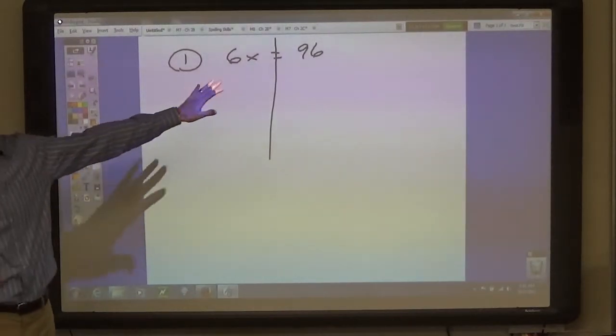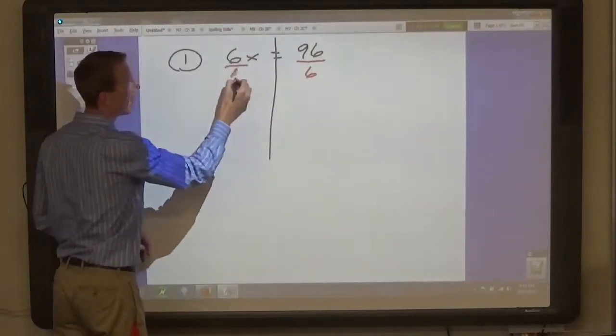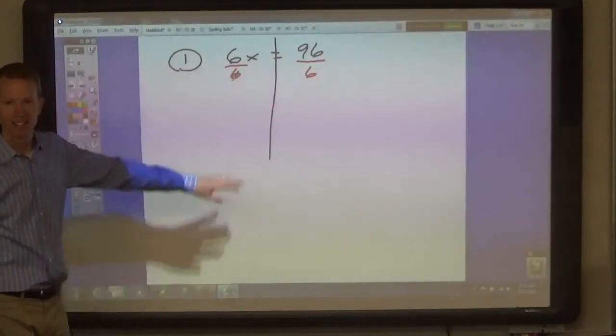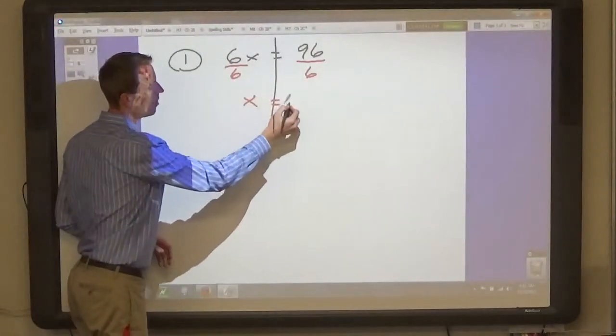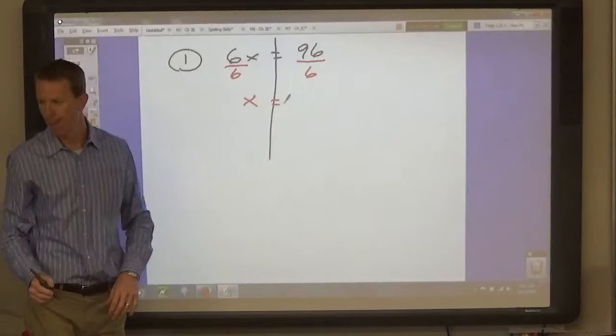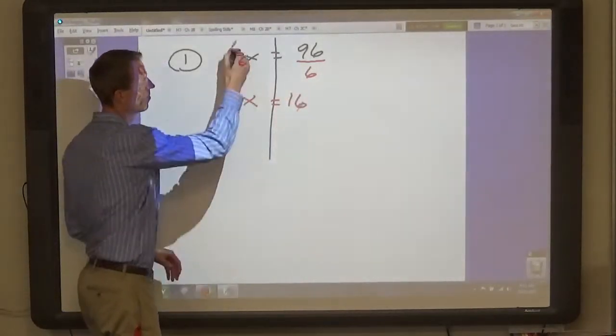This is where we were before. 96 divided by 6 and 6 divided by 6. This proves that x equals what? 16? Yep. 96 divided by 6.